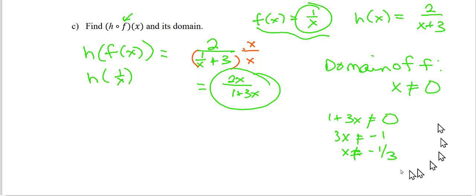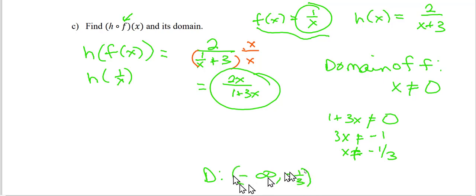So that means we need to combine these two in our domain of our composition. Be negative infinity to negative 1/3. Union negative 1/3 to 0. Union 0 to infinity. Anything less than negative 1/3 is okay. Anything between those two values is okay. And anything bigger than 0 is okay.